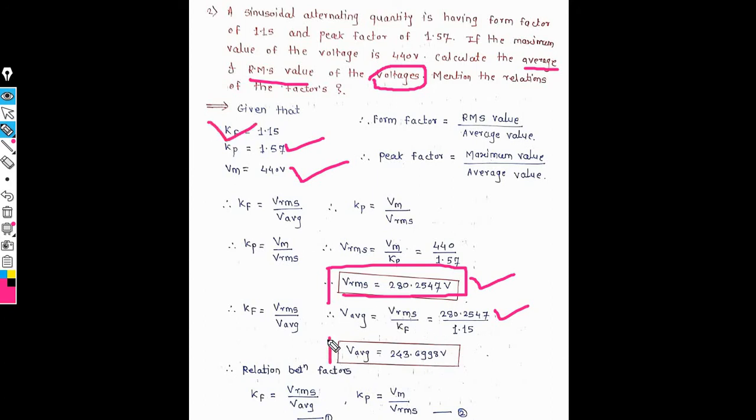Then we calculate the average. In this problem we have to calculate the average and RMS value of the voltage. This is a very simple problem based on form factor and peak factor.